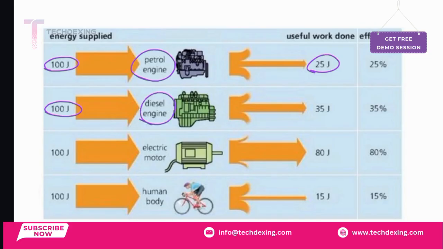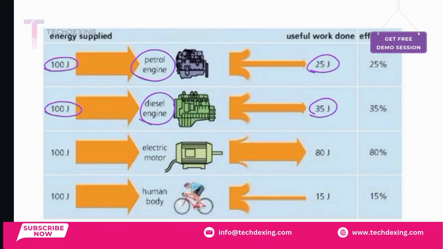So it means that the petrol engine wastes a lot of energy. In the same way, if we give 100 joule of energy to a diesel engine, it converts 35 joule of energy into work.